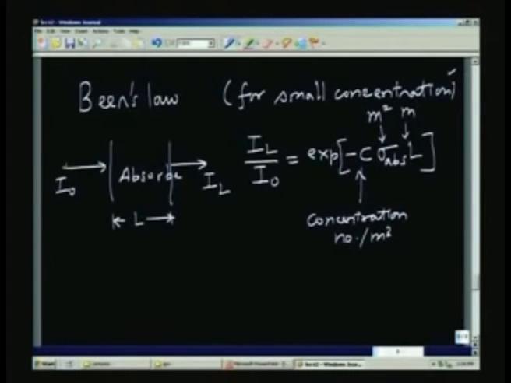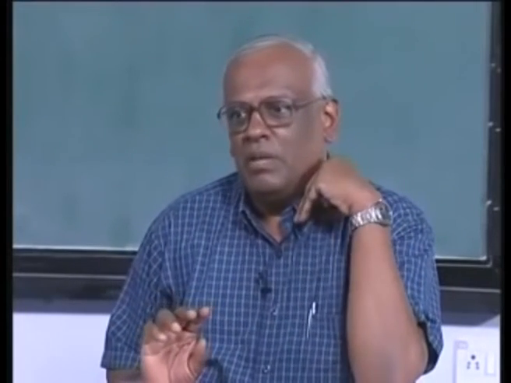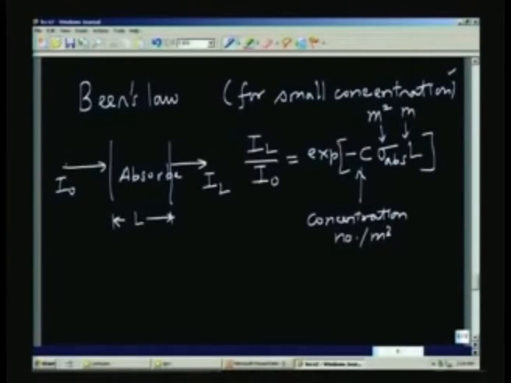Lambda off is the frequency very close to lambda on, but such that there is no appreciable absorption by the species at that wavelength. So, differential absorption means there is a difference in the absorption capability of the gas, because these two wavelengths have this property. One wavelength is absorbed, the other one is not.